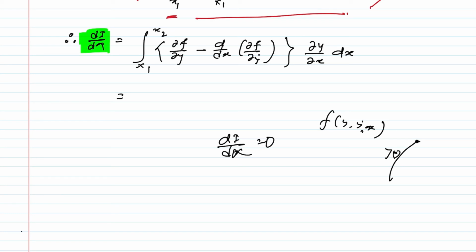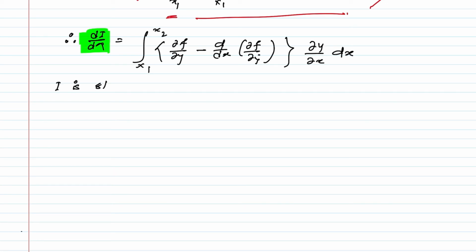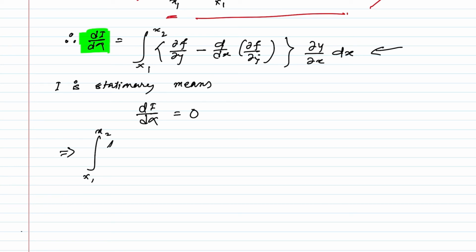So here we can write, this I is stationary means dI by d alpha is equal to 0, and if you use this value here, then you will get integration from x1 to x2 of, within curly bracket, del f by del y minus the derivative with respect to x of del f by del y dash, and within bracket here we can replace this by eta of x.